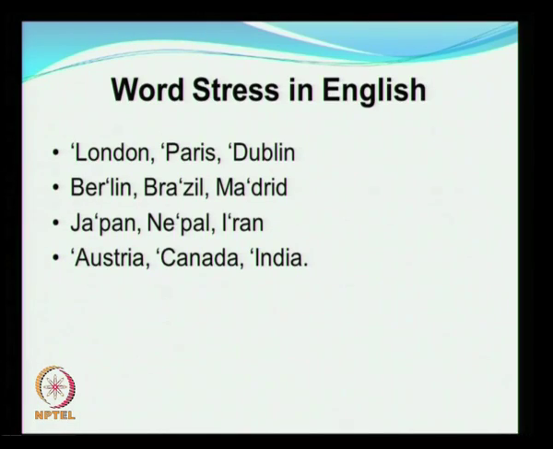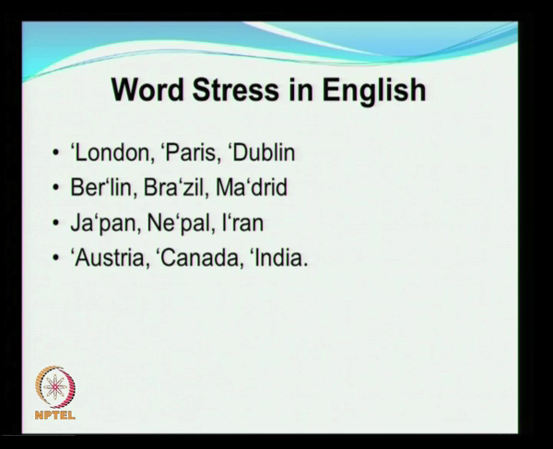Take the names of the cities. How are they pronounced? Next. But again there are cities for no rhyme or reason which are pronounced differently. What is the next? Berlin. Next.